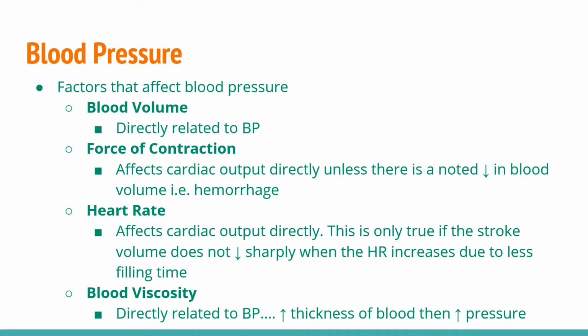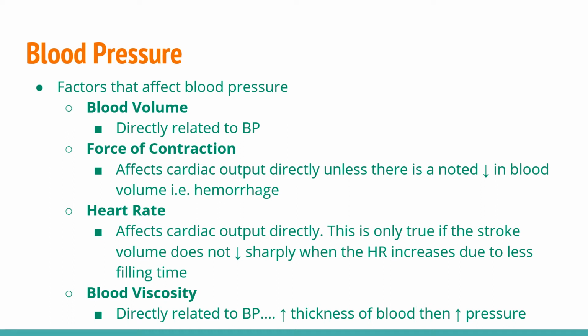So cardiac output directly influences your blood pressure, and your force of contraction is related to that. Let's say you have an increase in your stroke volume, so you're putting out more with each squeeze, or you have an increase in your heart rate, you're going to have an increase in your blood pressure. If your stroke volume drops, so you don't have as much coming out with each squeeze, or your heart rate is slowed down, you're also going to have a decrease in blood pressure.